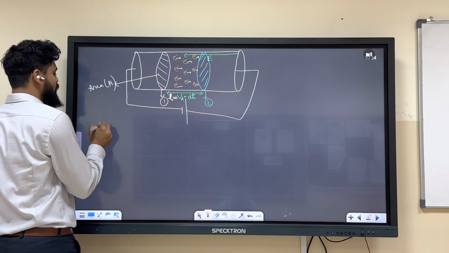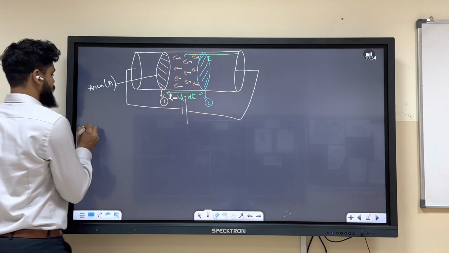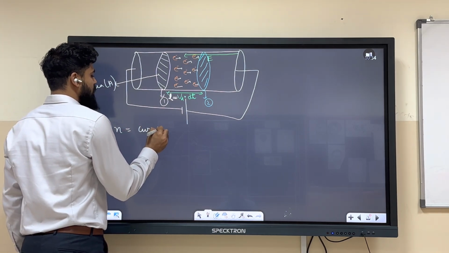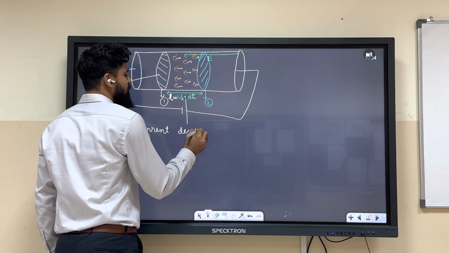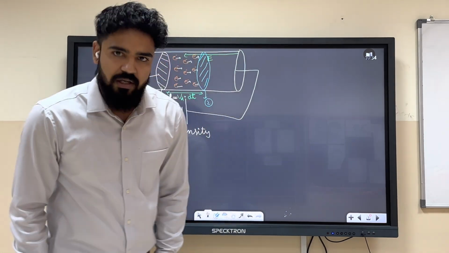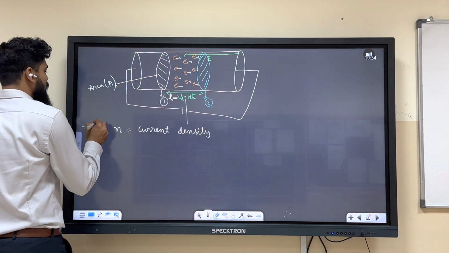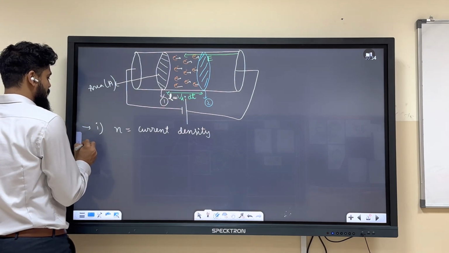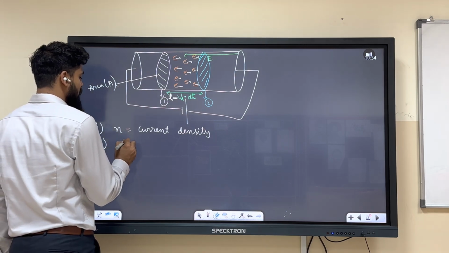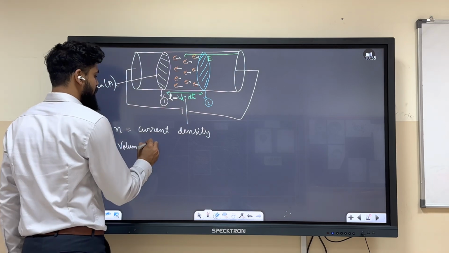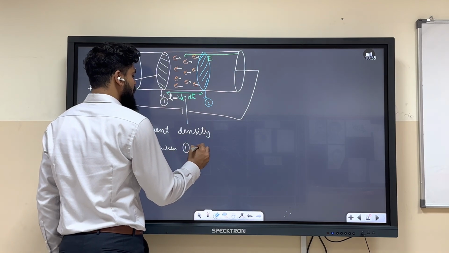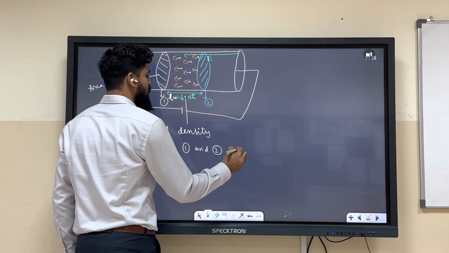Now one thing that we should discuss over here, or just introduce over here, is current density. So first thing, N is your current density. Second thing, how will you write the volume between 1 and 2 cross section?